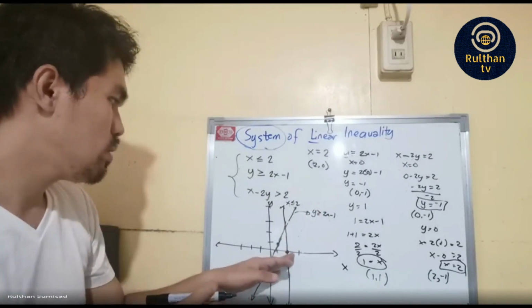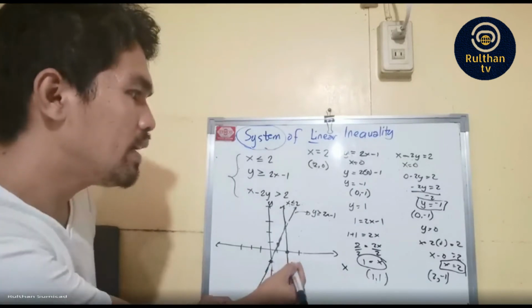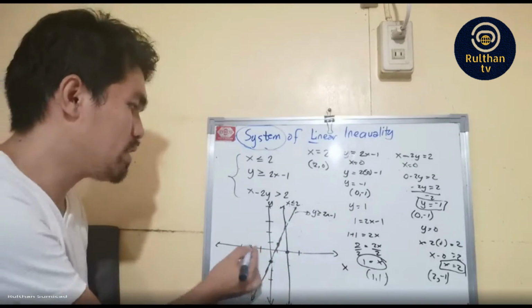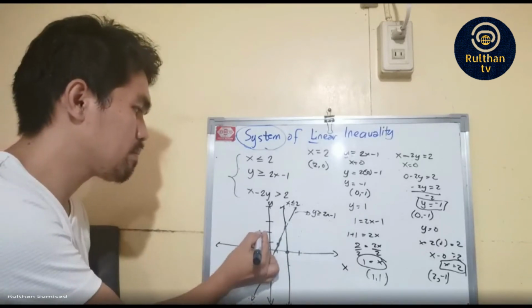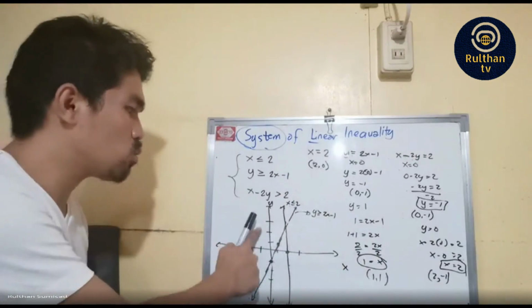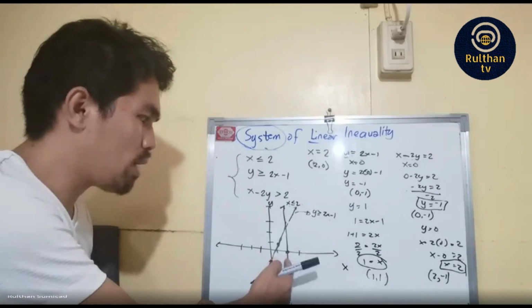Wait, the x is 2, positive 2, and then y is negative 1.